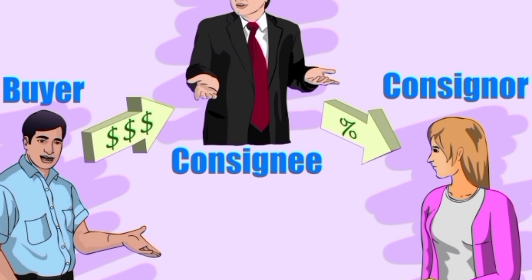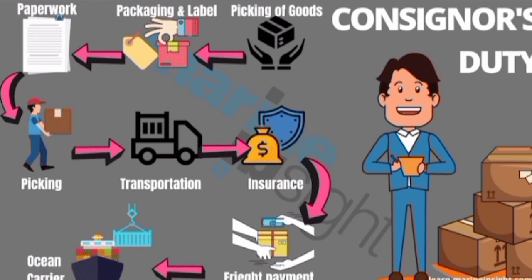And the next is consignee. Consignee refers to the person or organization to whom goods are sent. All right? And then the consigner is a person or organization sending the goods.